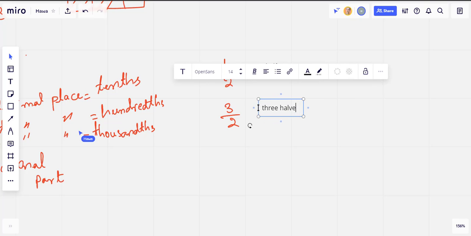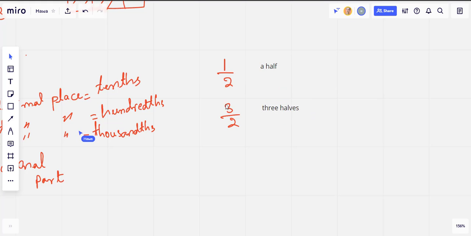So when the numerator is more than 1, we write the plural of whatever word is for the denominator. For the denominator 2, we use half, and then the plural, halves. Let's say there is another example, let's see it for 3.